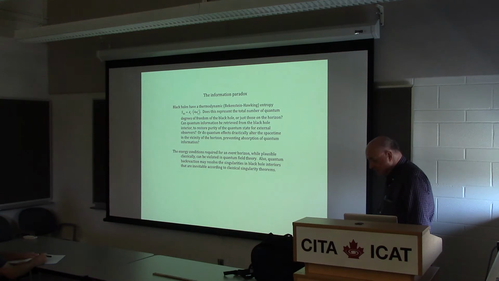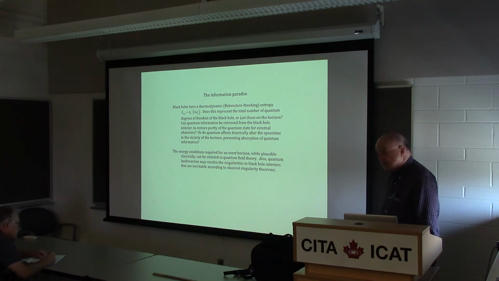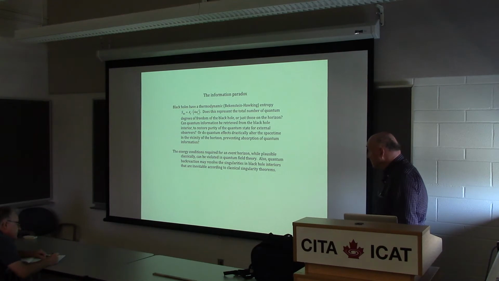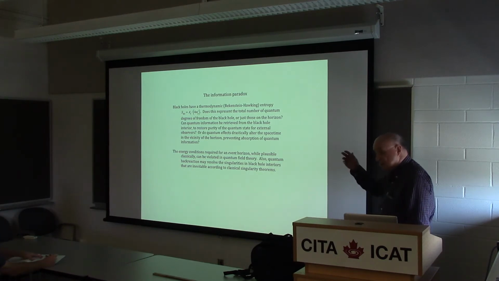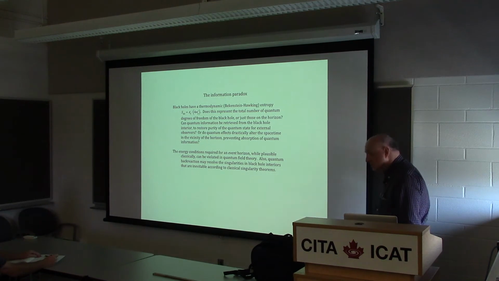That means one's faced with a problem: these two entropies become equal at the Page time, which is when the black hole has lost about half its original mass. If the black hole continues to evaporate, the area gets smaller, the entanglement entropy gets larger, one would think, and that would violate this bound.